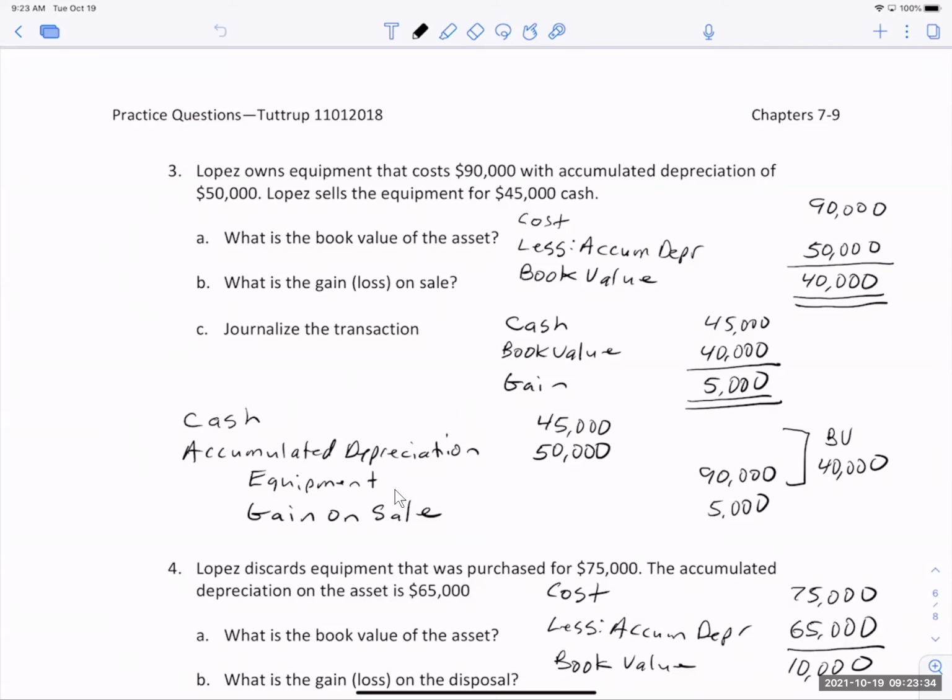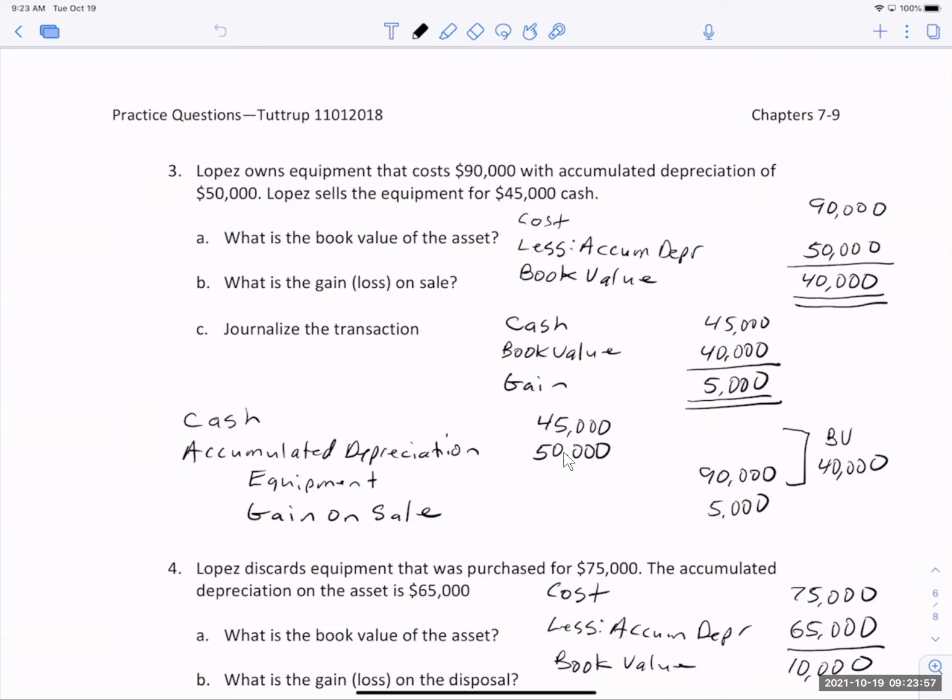So what we're going to do is credit our equipment of $90,000. Remember, that's what it cost us. And we're also going to get rid of its related accumulated depreciation. Of course, we know that accumulated depreciation is a contra asset account and the normal balance is a credit. So that's why we debit it.